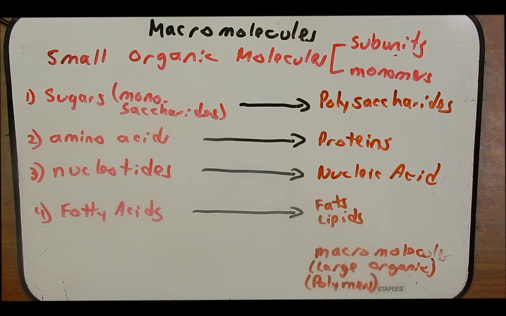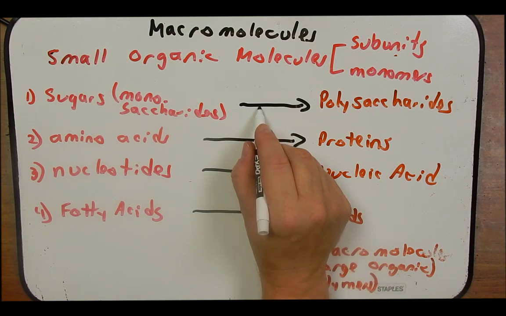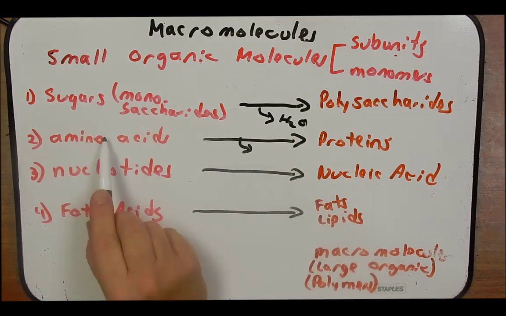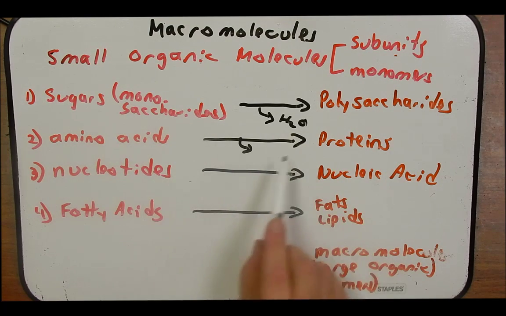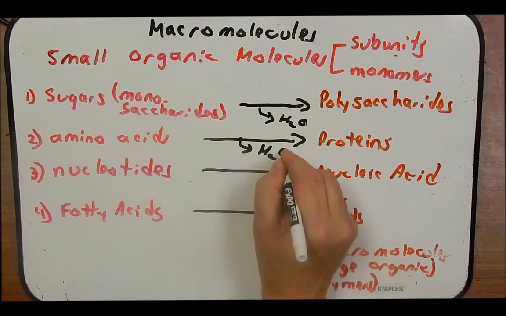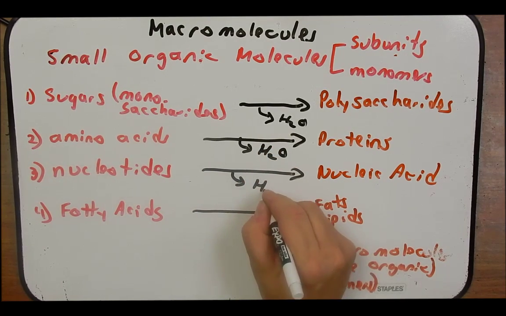The reaction that forms these we call condensation reactions. And these condensation reactions occur in a manner where water is lost. So going from small organic molecule, the subunits here, into these larger macromolecules, a water molecule is lost.